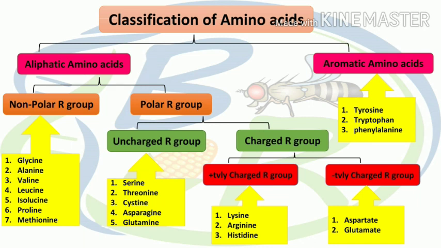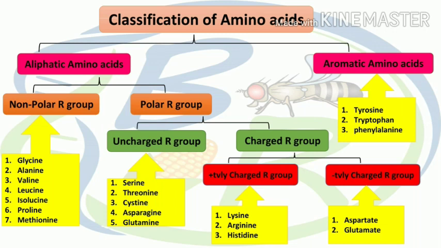We are going to classify amino acids in a way which will be easy for all of you to memorize. Broadly, amino acids can be classified into two categories: aliphatic amino acids and aromatic amino acids.